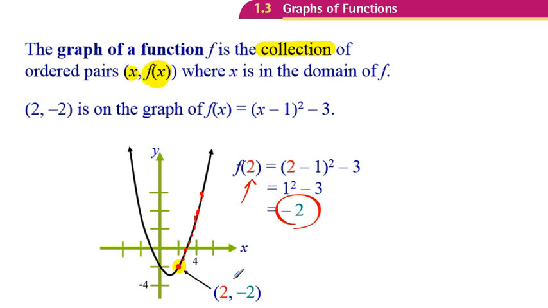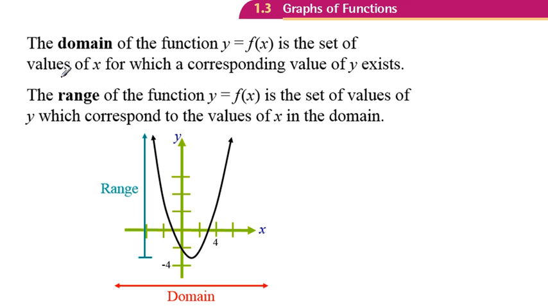All right. So when we start talking about domain, the domain of a function is the set of all the values of x for which a corresponding value of y exists. Meaning, if I have a point right here, there's going to be some x and then some y. And if I have a point here, there's some x and some y.